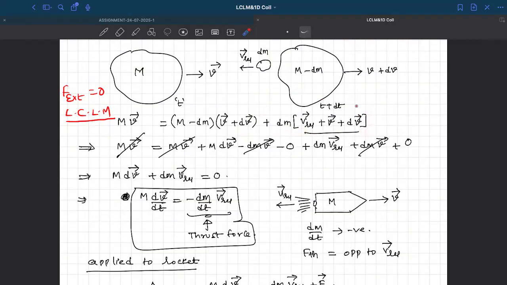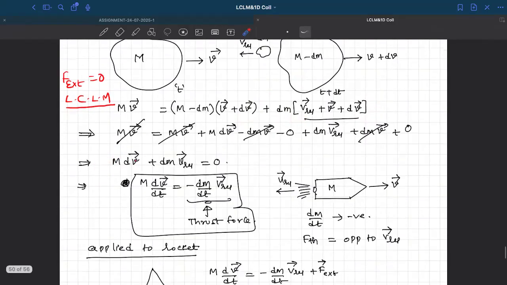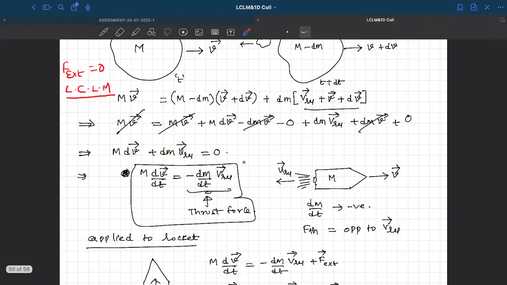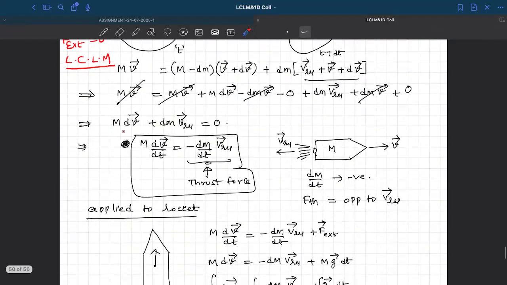What is the velocity with respect to the ground? This is the velocity with respect to the ground. By solving which, you will get the condition m dv bar plus dm v relative bar is equal to 0. We can write this further as m dv bar by dt is minus dm by dt v relative bar. And this total part is what we will call the thrust force.